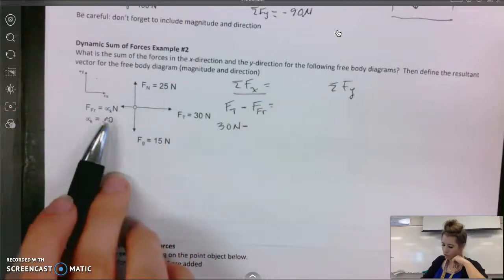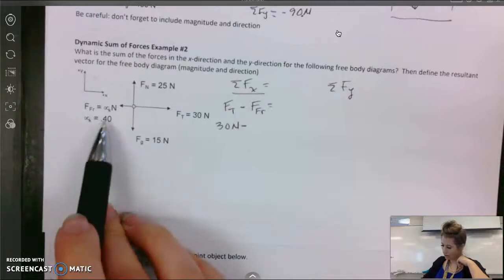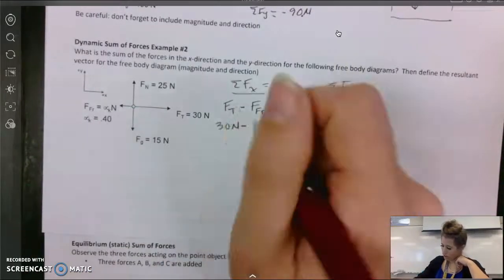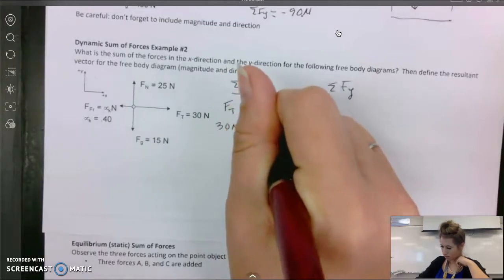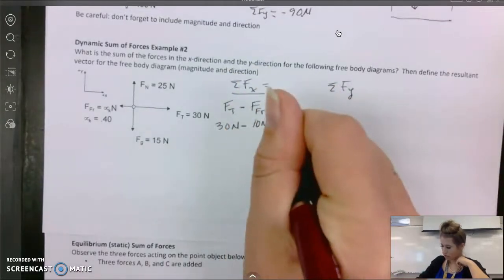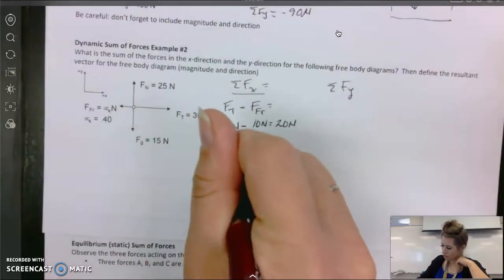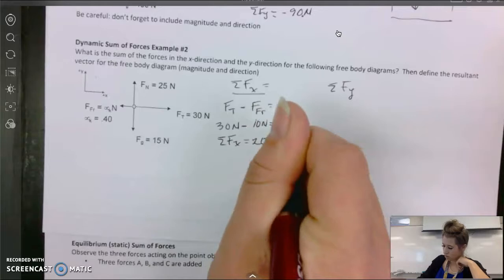So this coefficient of friction is 0.4, and then I'm going to multiply that by the normal force, which is 25. Okay, so this is 10 newtons. So 20 newtons overall. So the sum of the forces in the x direction is equal to 20 newtons.